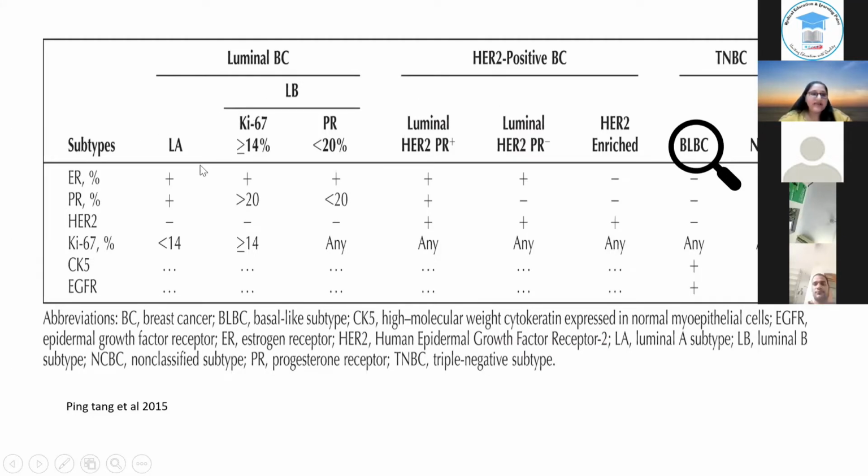In luminal, we have luminal A and luminal B. In HER2 positive, we have cancers which are HER2 positive, and ER/PR could be plus or minus. But the next category is TNBC, which are basal-like breast cancers and non-classified subtypes. So we would be paying attention to this last category here, TNBC, which are basal-like breast cancer and non-basal-like.